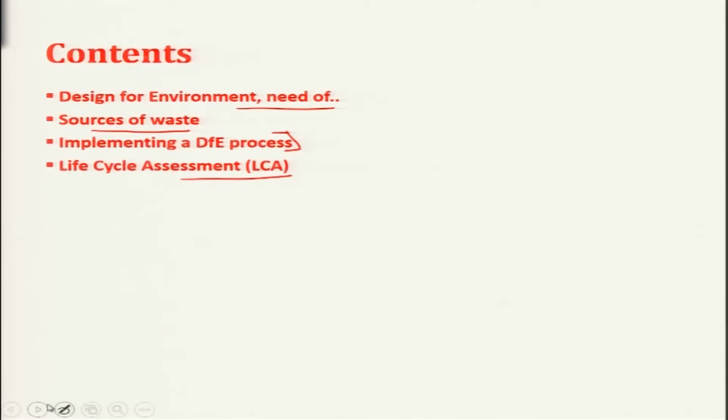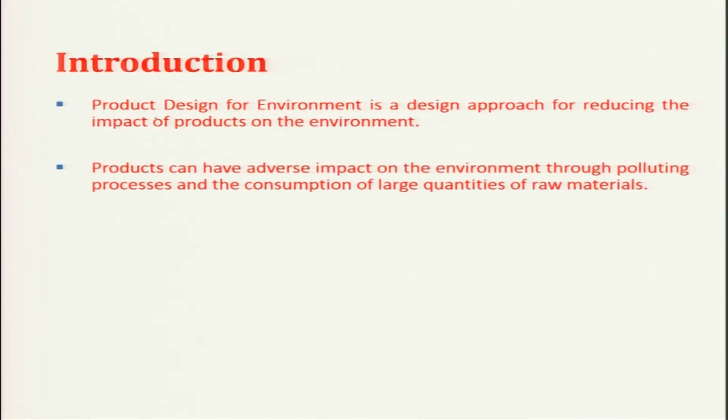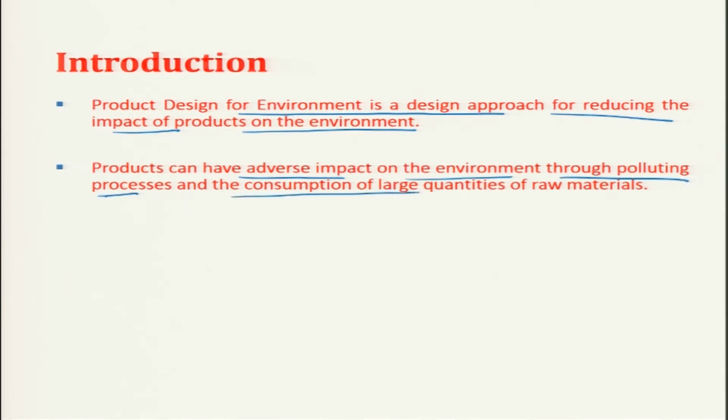So, what is design for environment? Product design for environment is a design approach for reducing the impact of products on the environment. The products can have adverse impact on the environment through polluting processes and the consumption of large quantities of raw materials.